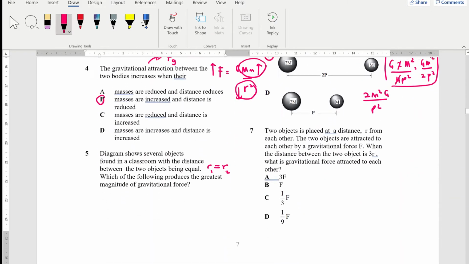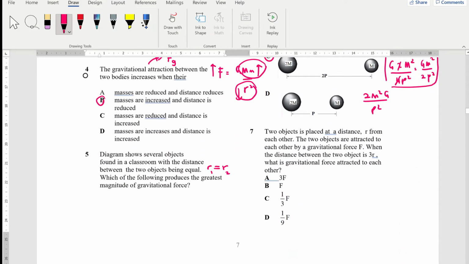Okay, now number 7. Two objects placed at distance r from each other. The two objects are attracted to each other by gravitational force. When the distance between the two objects is 3r, what is the gravitational force attracted to each other? Okay, so this one, kita kena tengoklah dia punya formula macam biasa. F equals to G m m over r squared.